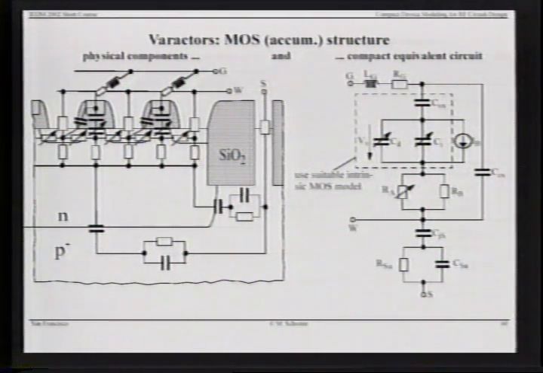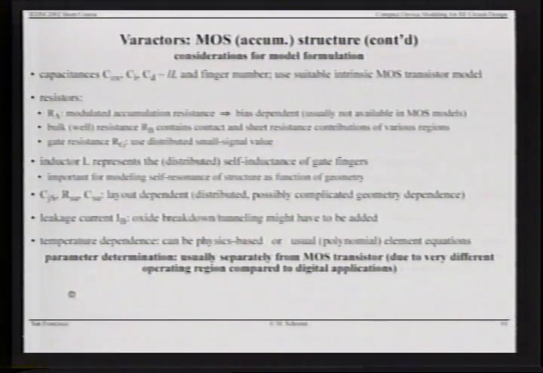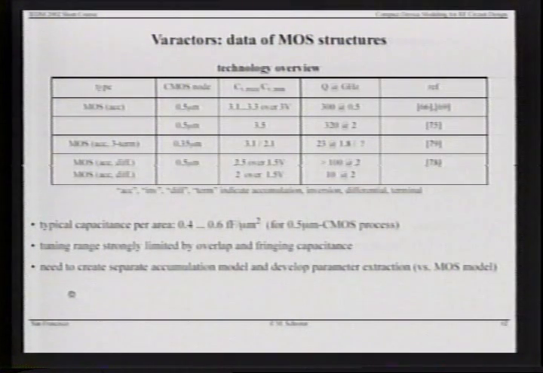It is very important to include the series inductors here because they determine the self-resonance frequency of the Varactor and the validity limit up to which you can use it. There might be even leakage issues, so you have to include a breakdown current source here, and a bunch of other elements that again cost some effort to model and to characterize. That's again the list of the elements of the previous slide, and that is a technology overview of what you can achieve typically in various technologies.